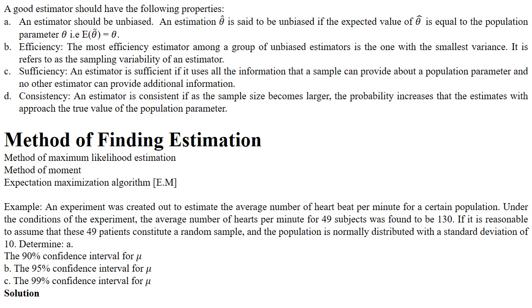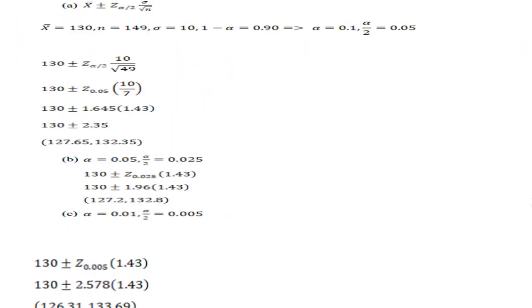If it is reasonable to assume that the 49 patients constitute a random sample, and the population is normally distributed with a standard deviation of 10, from these questions our n has been given, our standard deviation has been given, and our X bar average has been given. They said we should determine the 90% confidence interval for mu, the 95% confidence interval for mu, and the 99% confidence interval for mu.